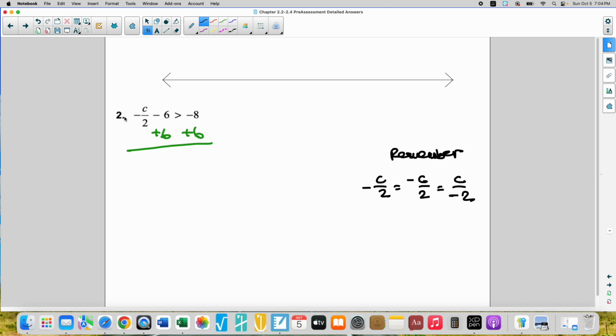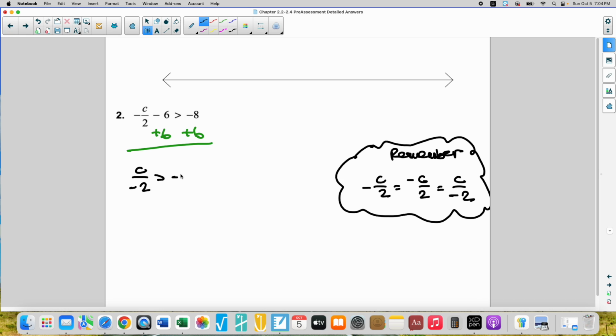So if I'm going to write -c over 2 and I want to isolate for the variable, it's best to have this one. Of the three, it's going to be better for me to write c over -2 is greater than -2. -8 plus 6 is -2. And now maybe you see why I wanted to put it there.